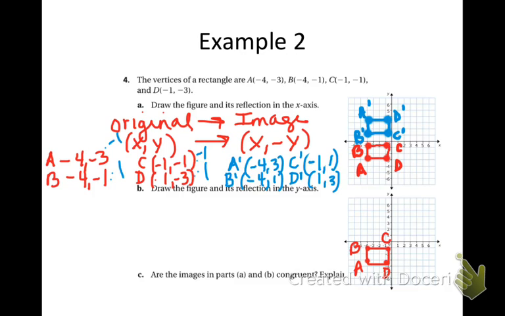Okay, so when we want to do the image for this one, since we're using the original the same, our image will be negative x comma y, because in this case it's going to be the opposite of the x, so it's going to be on the other side of the y-axis. So in this case, with our image, A prime would be negative 4 times negative 1, which will be a positive 4, and we leave that as a negative 3 from the original.